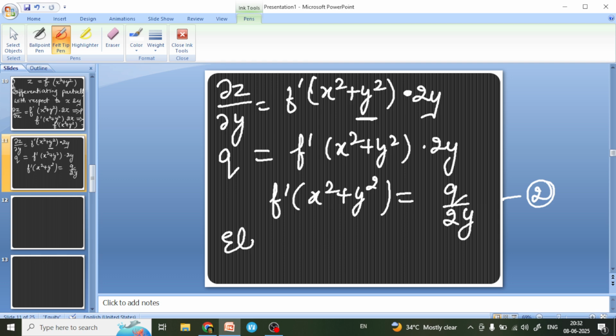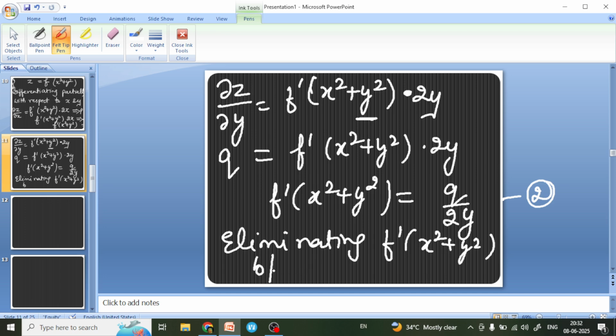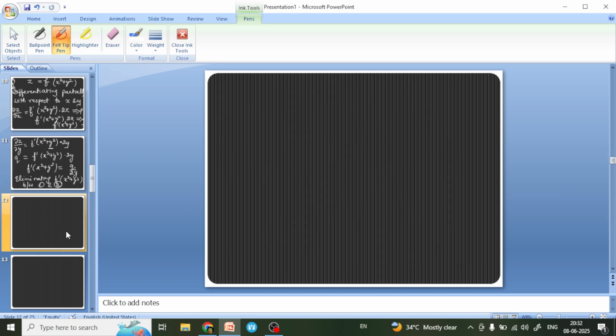Now eliminating f dash (x square plus y square) between the first and second equation, we get py is equal to qx. This is the answer.